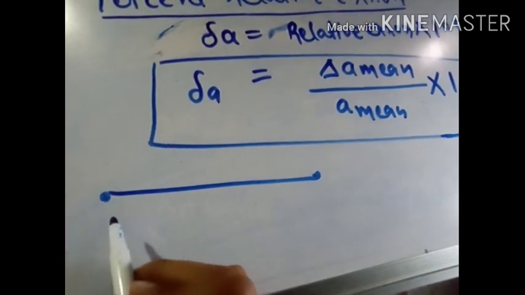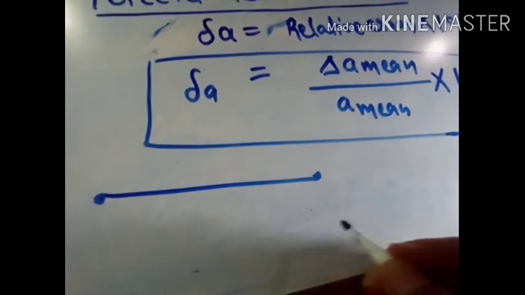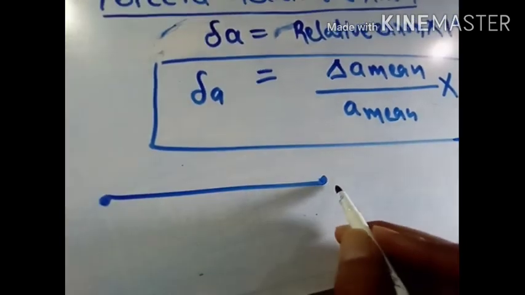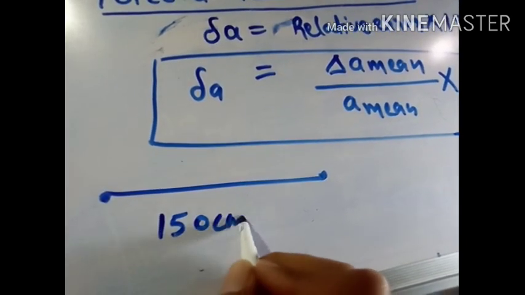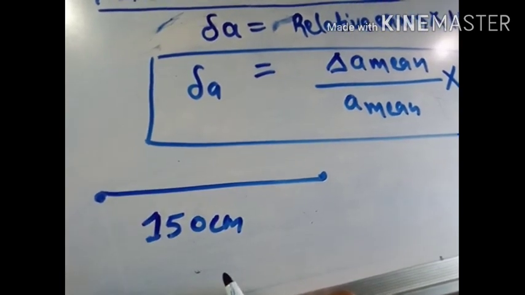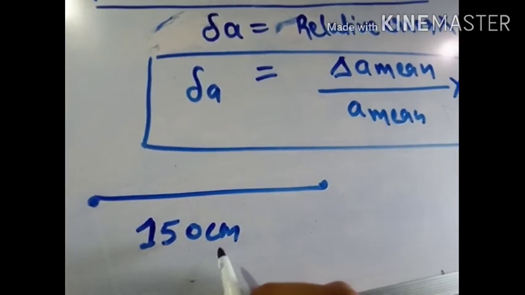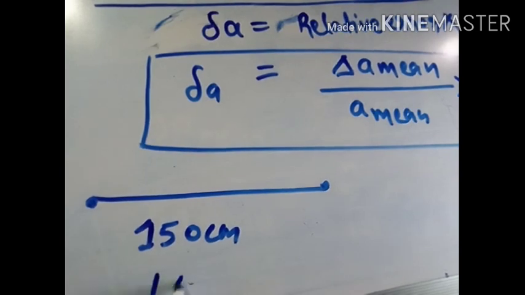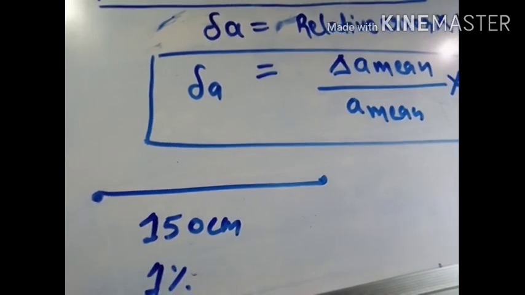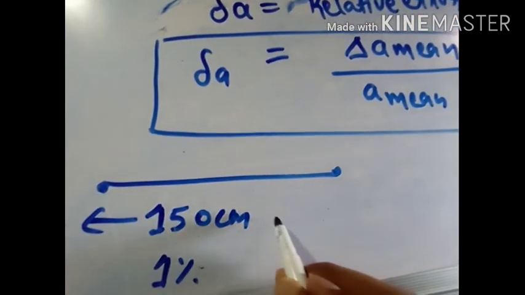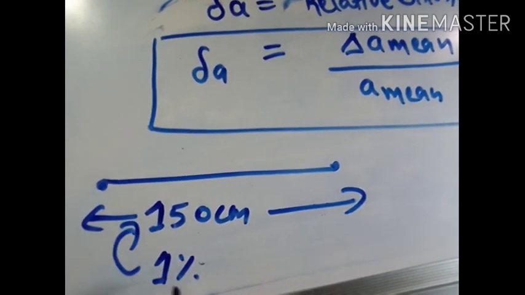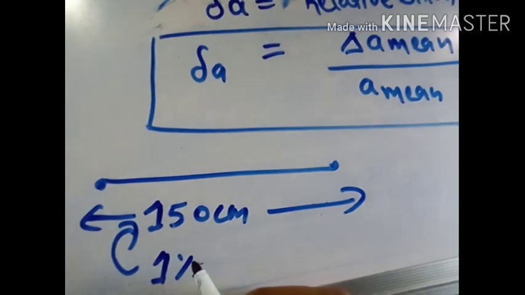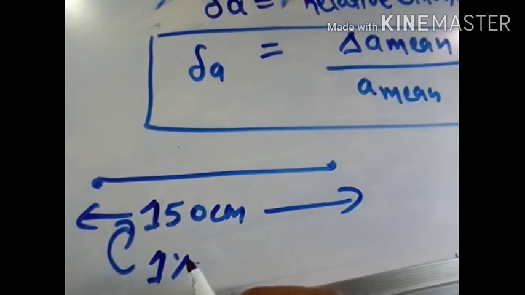Suppose you have measured this length and it is found to be 150 centimeter, but the error is 1%. You have measured this length with 1% error. So quickly you can find the value of 1%.